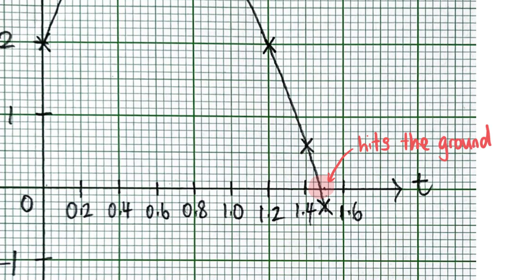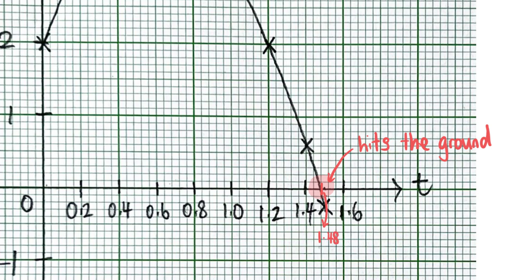And therefore, at this particular point here, the time for my graph is actually 1.48.